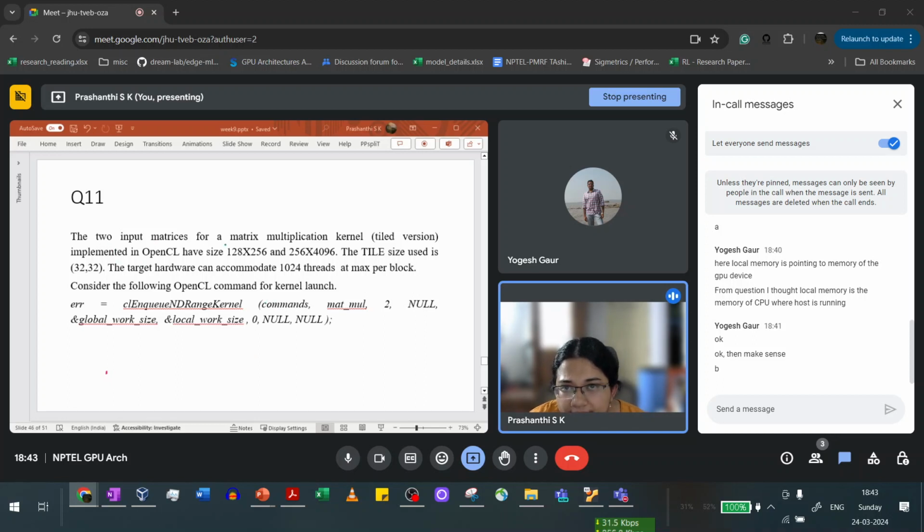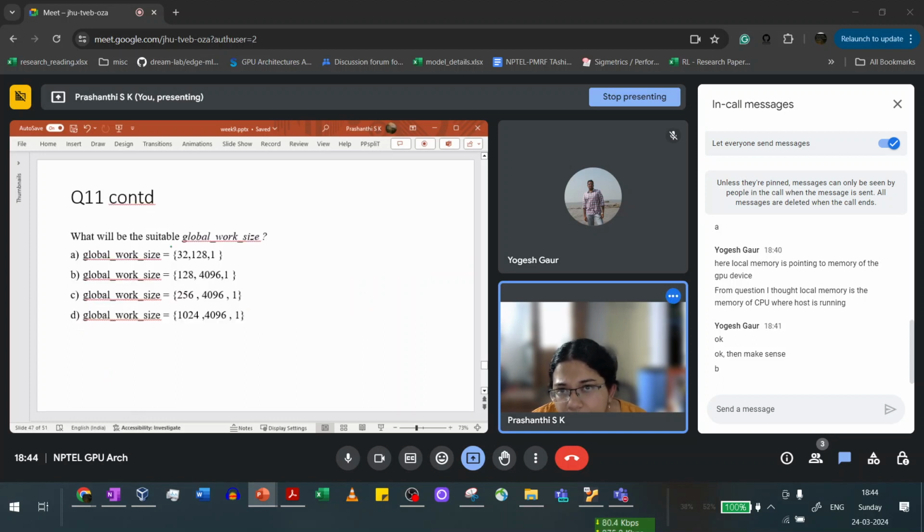The two input matrices for a matrix multiplication kernel implemented in OpenCL have sizes 128 by 256 and 256 by 4096. Tile size used is 32 by 32. The target hardware can accommodate 1024 threads at max per block. Consider the following OpenCL command for kernel launch: clEnqueueNDRangeKernel matmul, 2, NULL, global work size, local work size, 0, NULL, NULL. What would be the suitable global work size? So you have four options here.